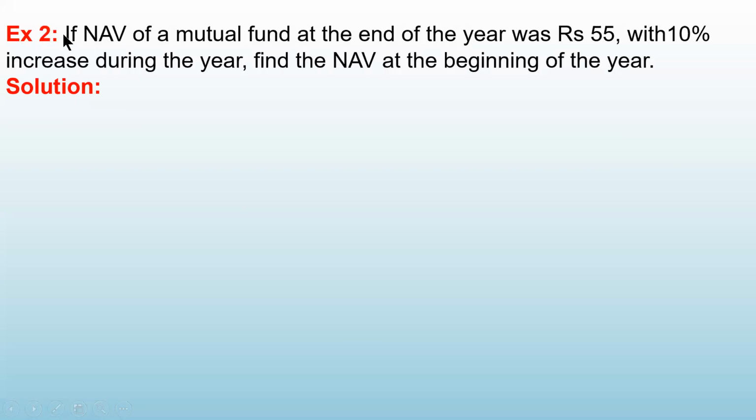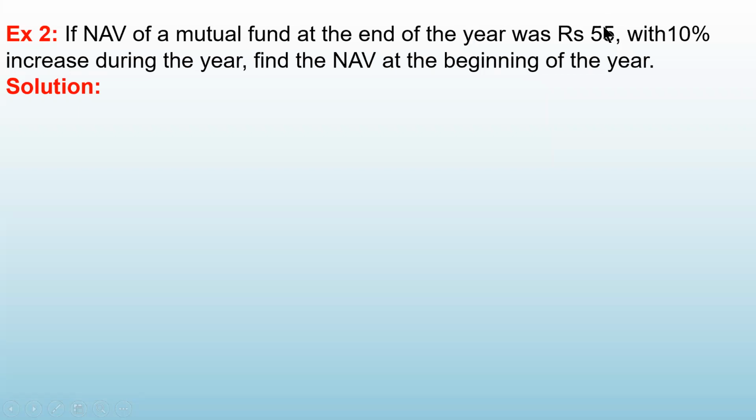Look at the second question in this topic of absolute change and percentage change. If NAV of a mutual fund at the end of the year was 55, with 10% increase during the year, find the NAV at the beginning of the year. आपको NAV निकालना है beginning में, और आपको NAV क्या दिया है?